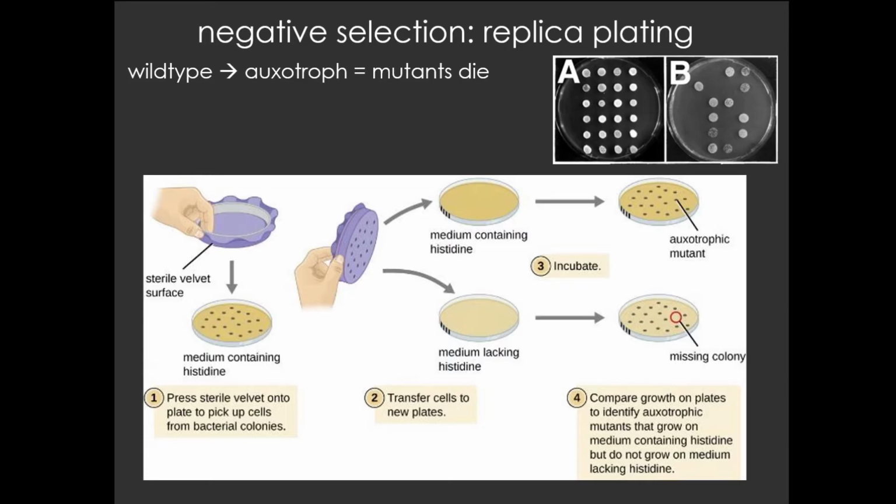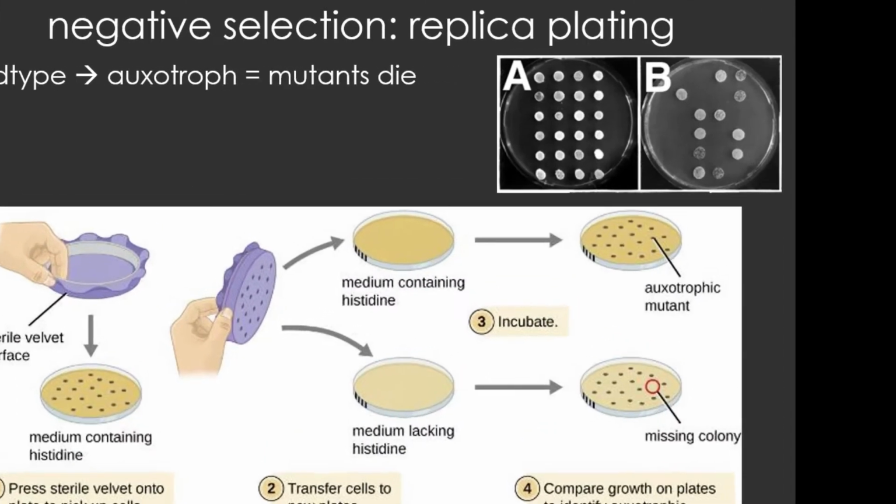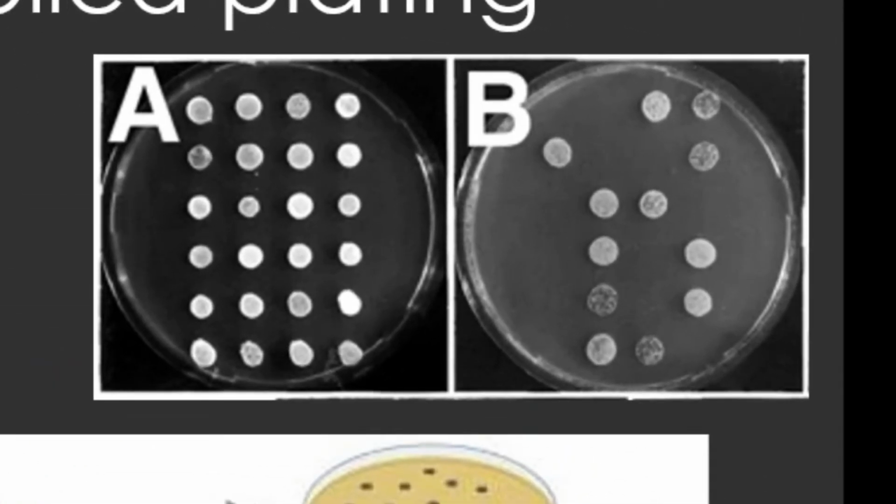Now, of course, when you're looking for a lack of an organism's presence, you have to have some point of reference for that, which is why you have to do these replica plates. So on the medium containing histidine, everyone grows, and then you compare that to the medium which lacks histidine in order to identify those auxotrophic mutants. And you can see here some data from a replica plating experiment.